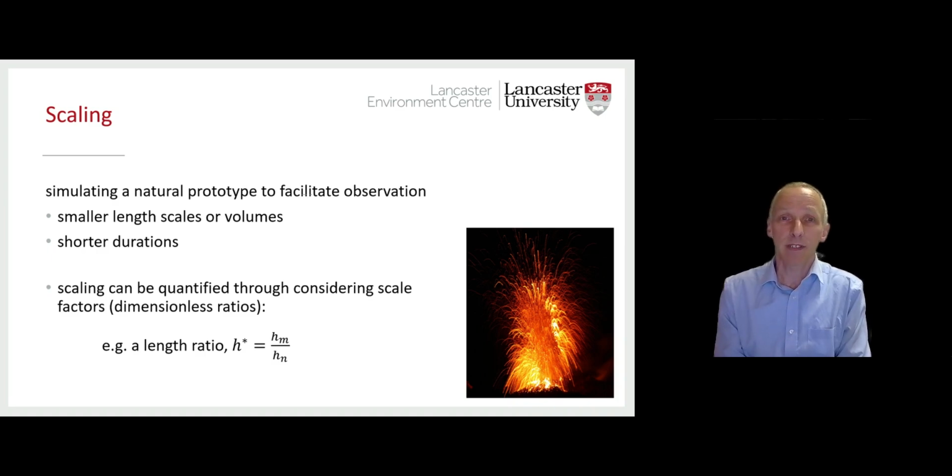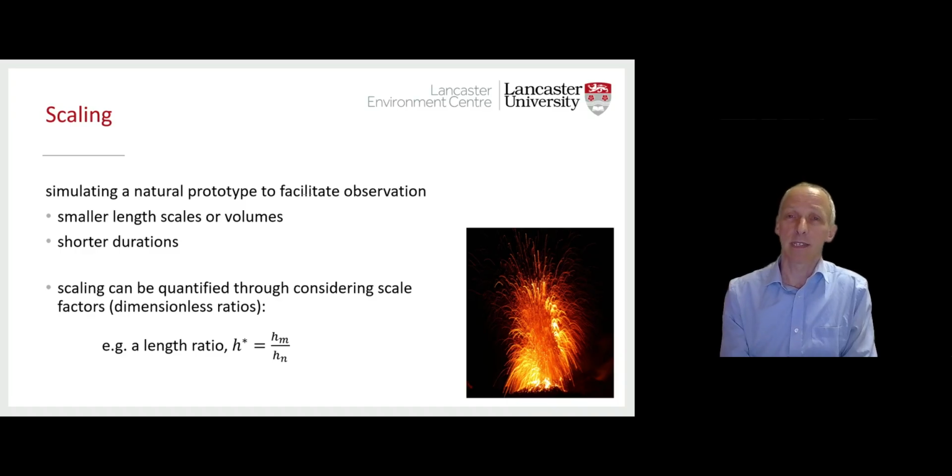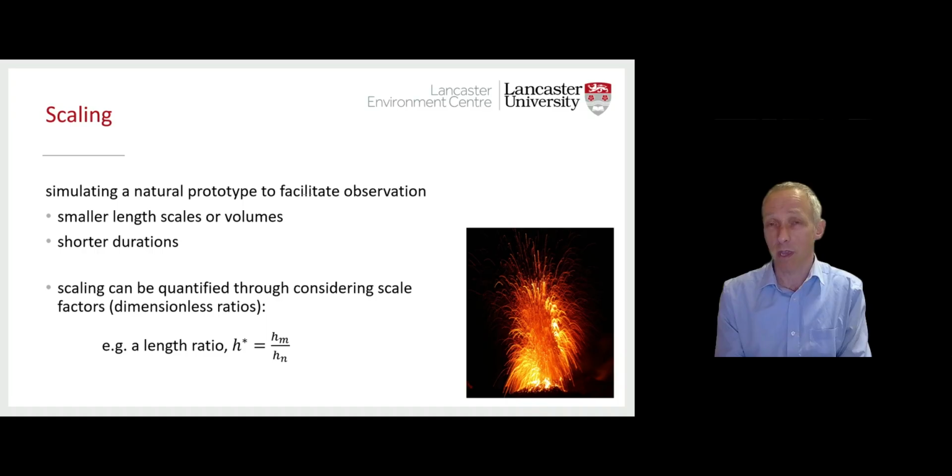So if a 10 centimetre distance across a model is intended to represent 1 kilometre in the natural prototype, a volcano, then the length scale factor would be 0.1 divided by 1000, or 10 to the minus 4.